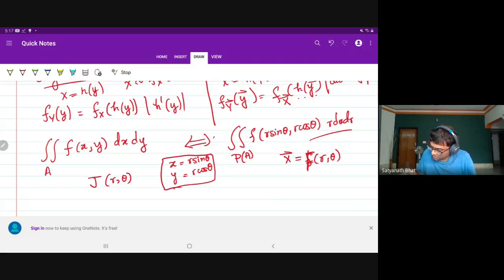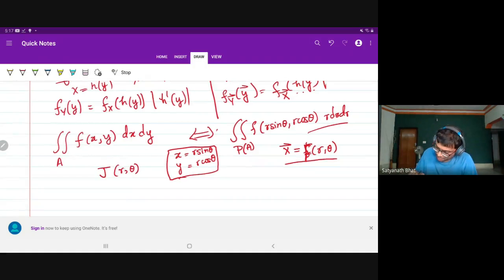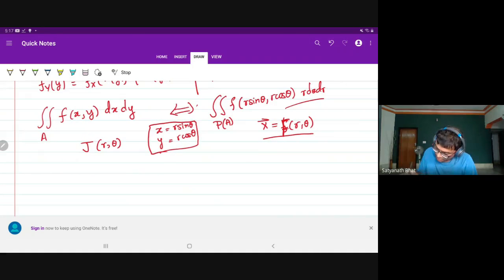If I take the Jacobian matrix and look at its determinant, you will see that it gives the same thing. So let's try that.